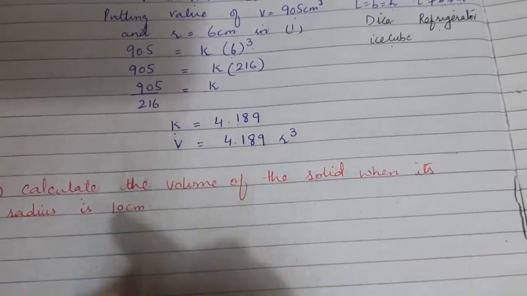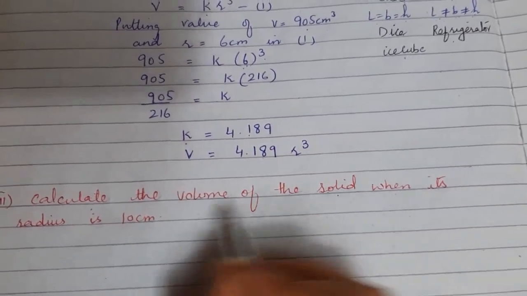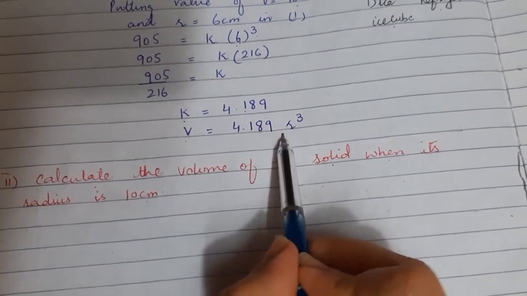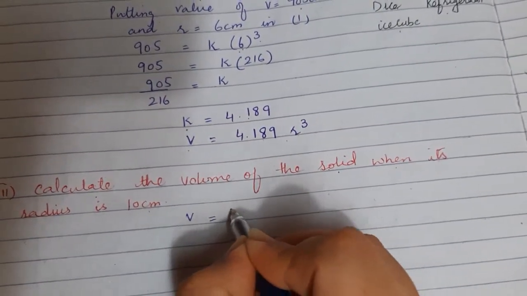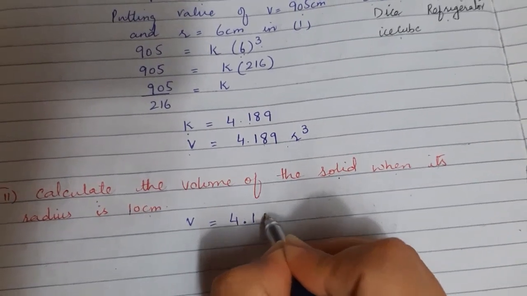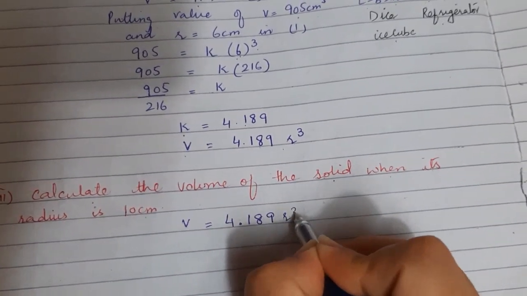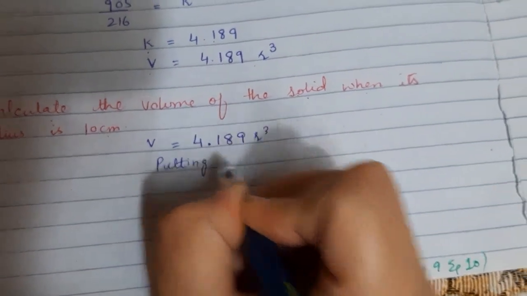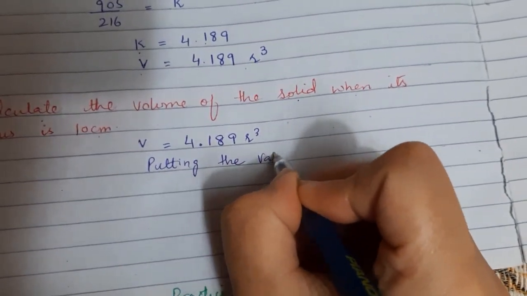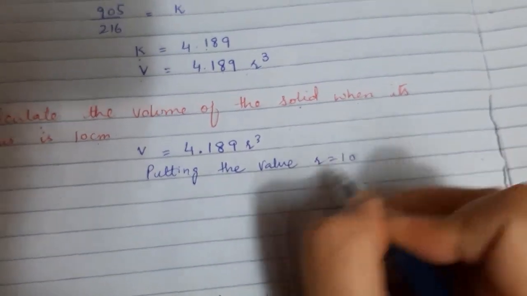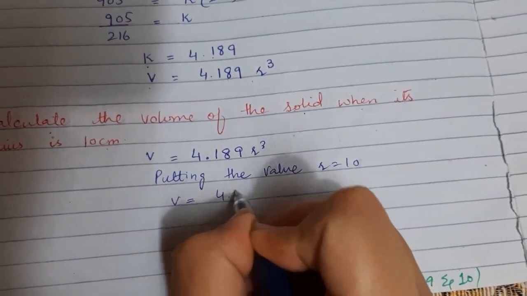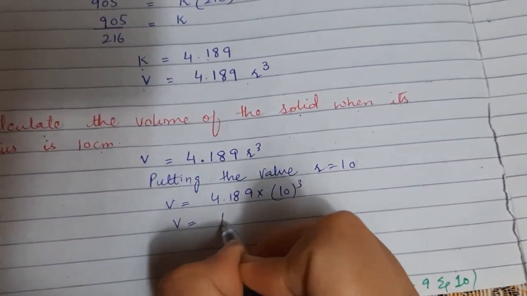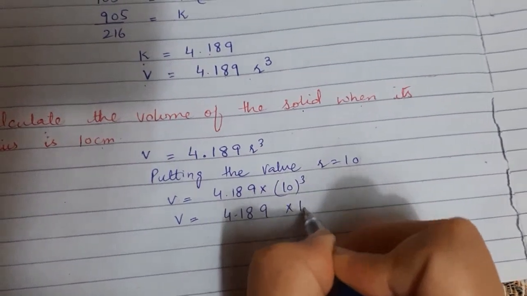In the second part, we have to calculate the volume. We have to find the volume of the solid when its radius is 10 centimeter. It means which equation are you going to take? This equation. V is equal to 4.189 r cube. In the second step, we are going to put the value of r, which is equal to 10. You will get V is equal to 4.189 multiplied by 10 whole cube. V is equal to 4.189 multiplied by 1000.